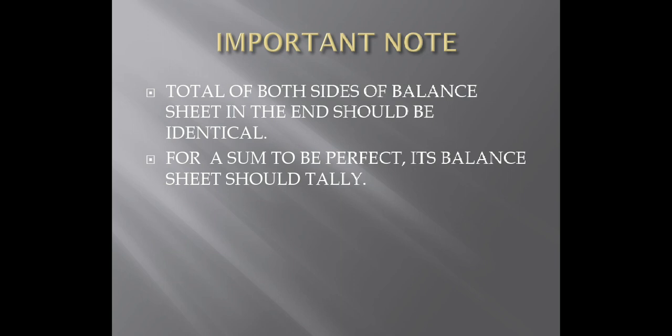And if not, then you might have surely committed a mistake anywhere in the sum, in any particular account, any particular journal entry, or anywhere. At the end, each and everything is to be transferred to the balance sheet to obtain its answer similar on both the sides. So the sum is to be solved with extreme care. Alright?